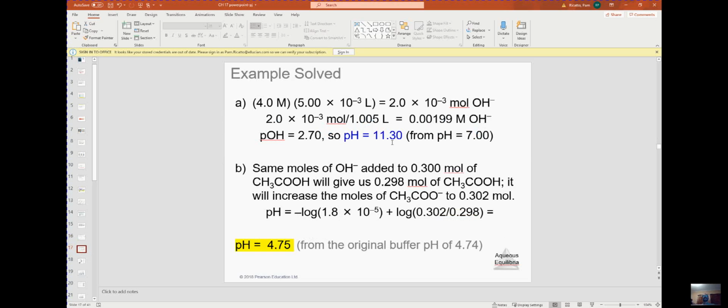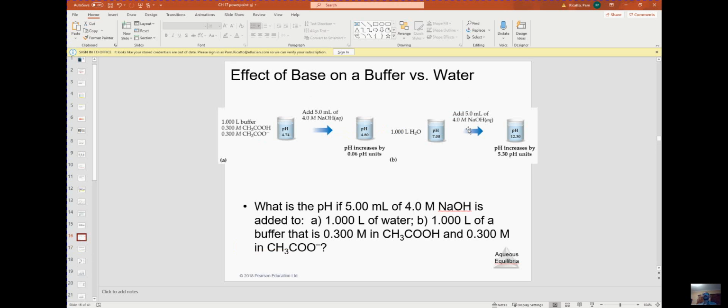So let's assume that the 2.7 is right. Okay, so I have 14 minus 2 point, right here. Okay, this should be 11.3. Just double check it.